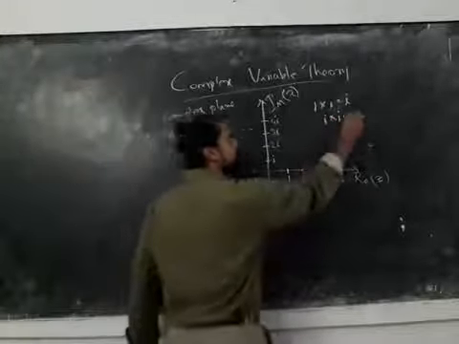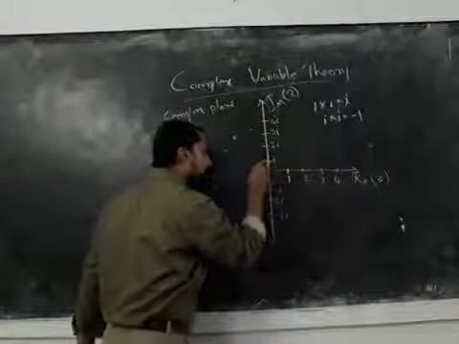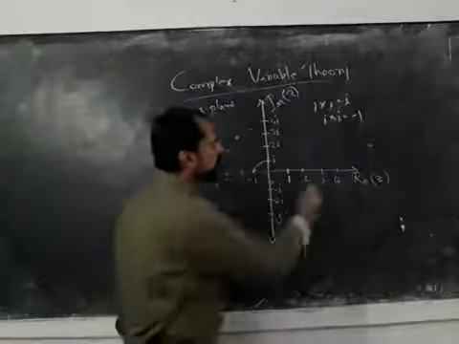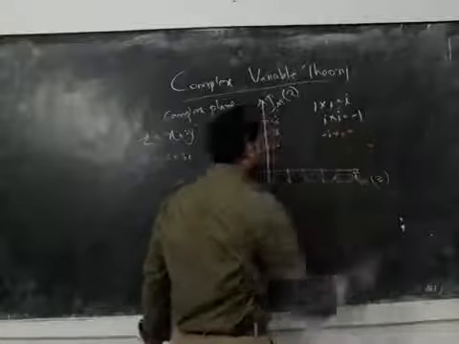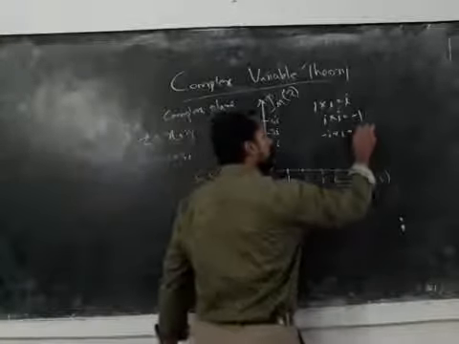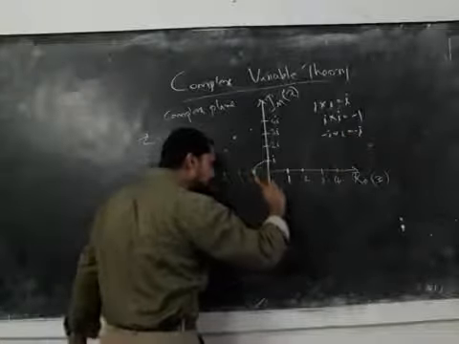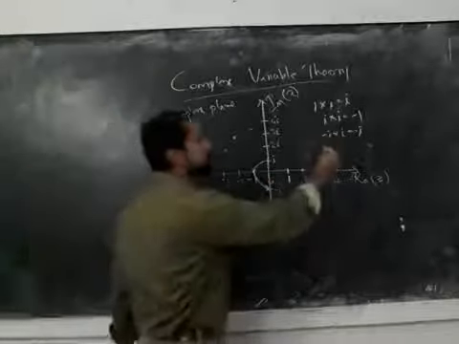The result is minus 1. So this goes to this point, from here to there. Now this minus 1 multiplied with i, what would be the result? The result is minus i. So minus i goes to this point.